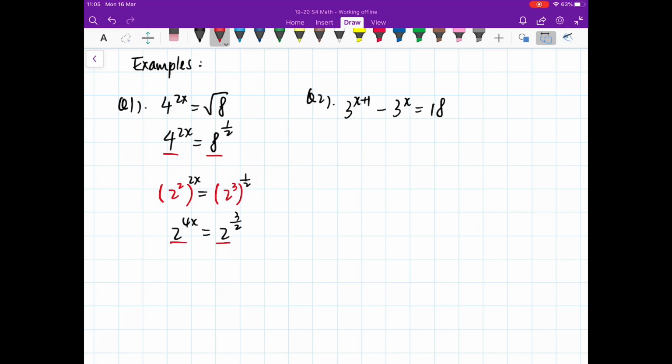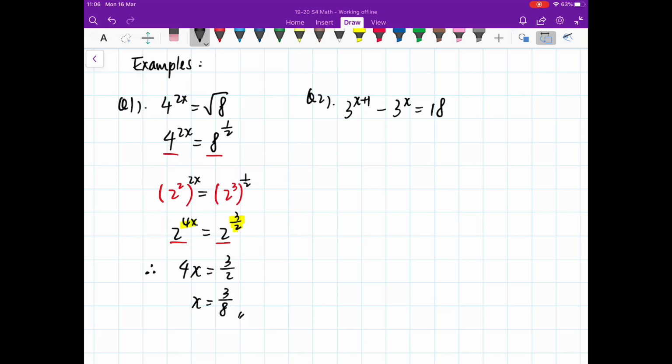So now, both sides are having the same base, that is 2. Then we just simply comparing the power, 4x and 3 over 2. Then we can solve the x. And x will become 3 over 8. And this is the answer for example 1.